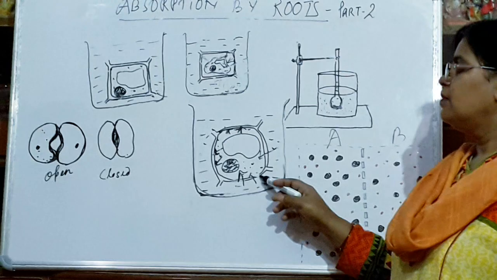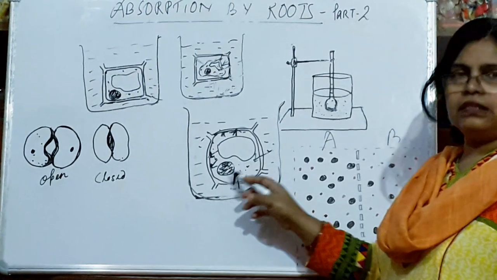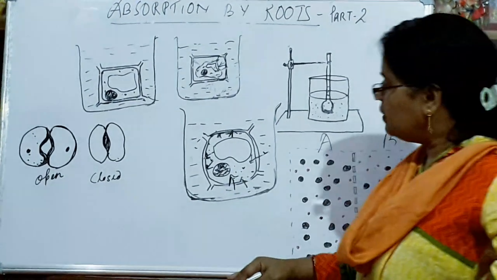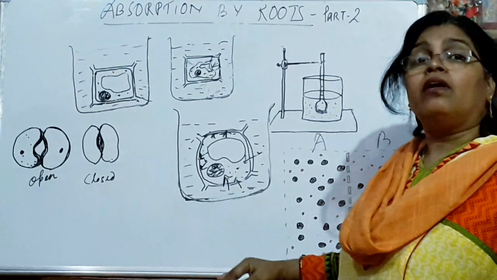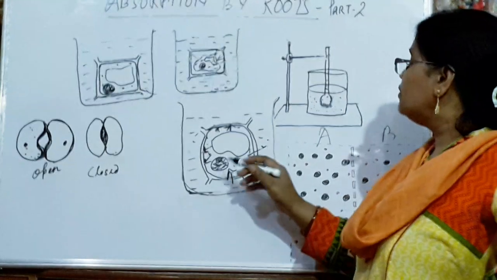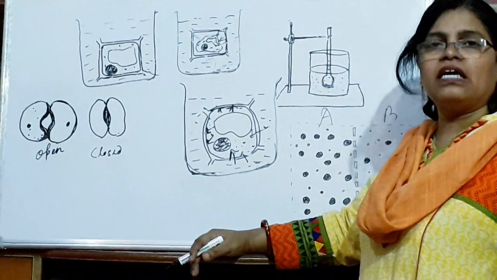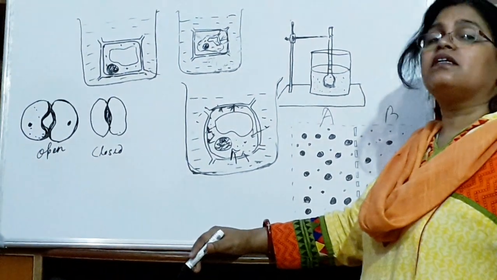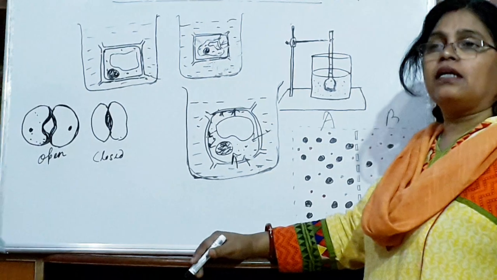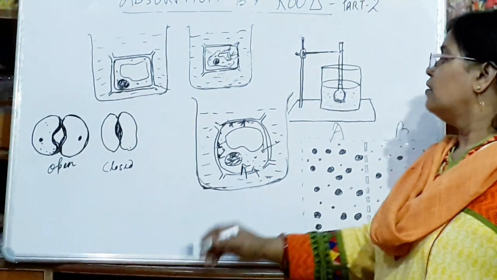At that time, the entry of solvent particles, that is the water particles, into the cell is called endosmosis, and due to endosmosis the cell content volume increases, and this increased volume of cell content causes the swelling up of the cell.